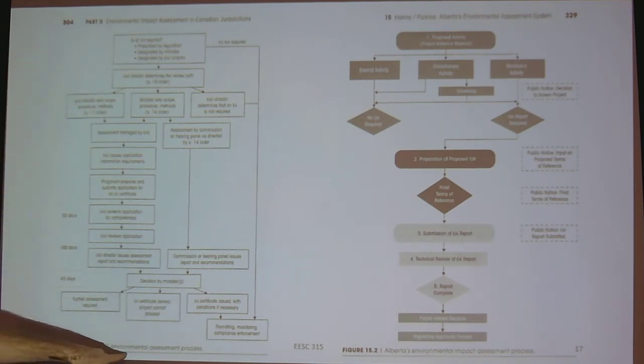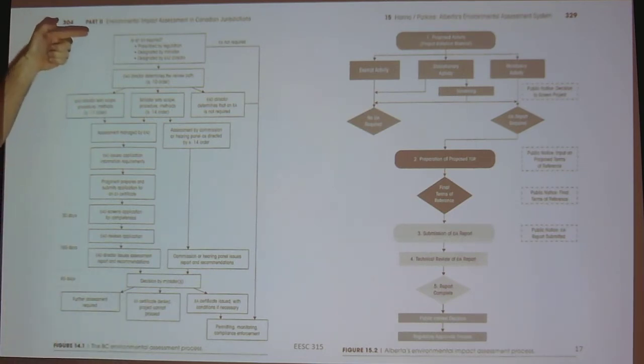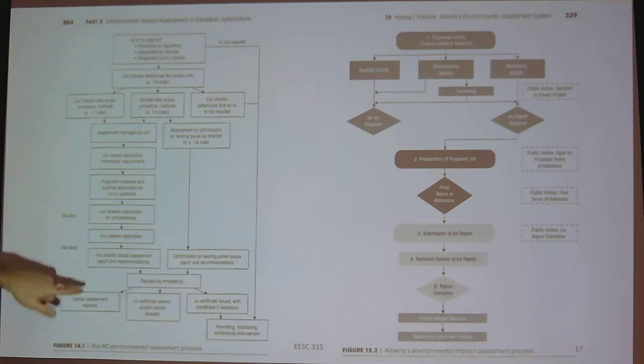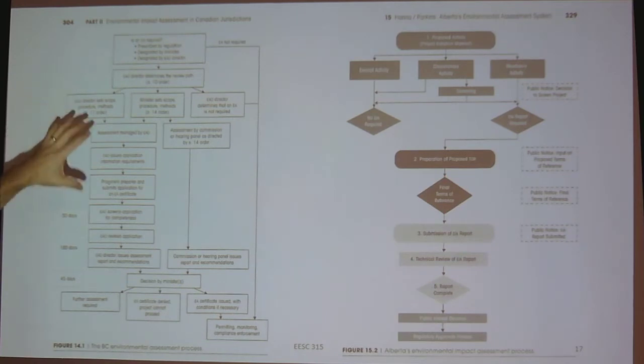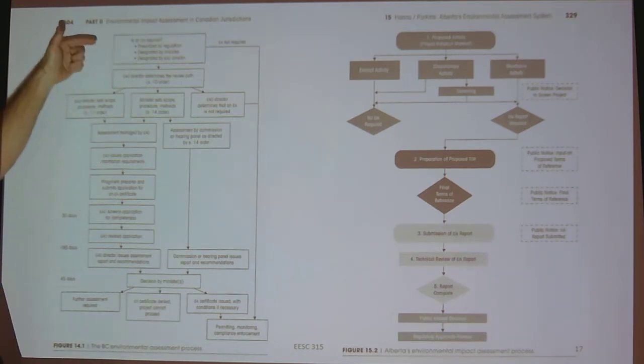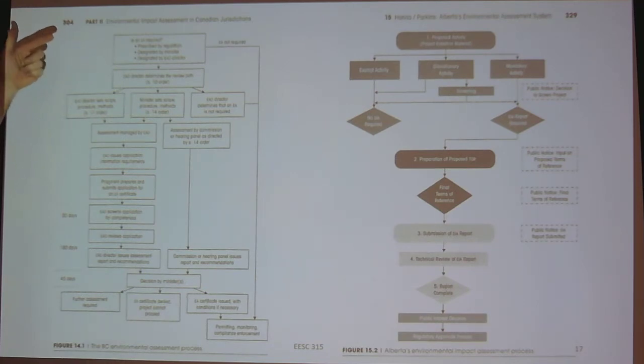And so this is the BC environmental assessment process. Although I think this is the 2002 process, if I remember correctly. It's changed a little bit, but not drastically. It's still generally the same process. So is the EA required? In other words, is it reviewable? Is it prescribed by the regulation?